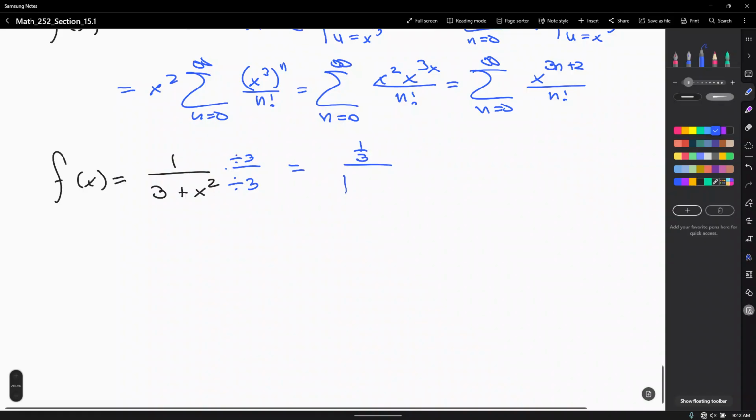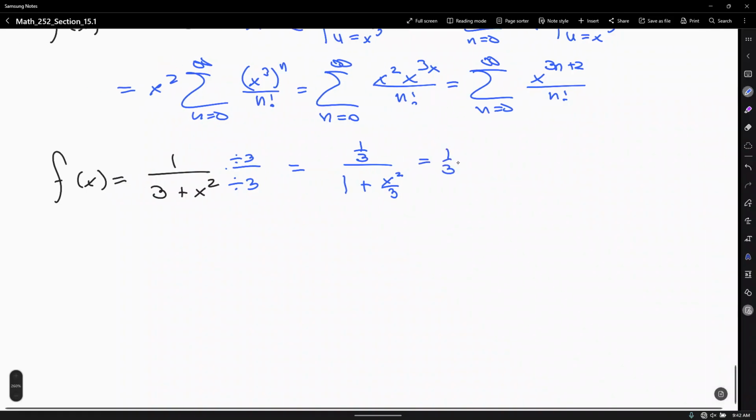And then x squared divided by 3, that's x squared over 3. There's still a plus in between that I need to take care of. That 1/3 in the numerator, I'm going to take it outside as a coefficient. I'm going to write this as 1 over 1. How do we generate a negative here? Do you agree that this is minus negative x squared over 3?